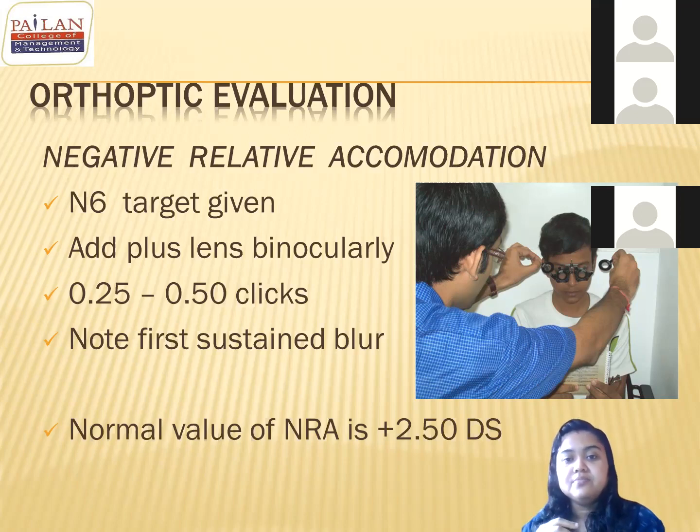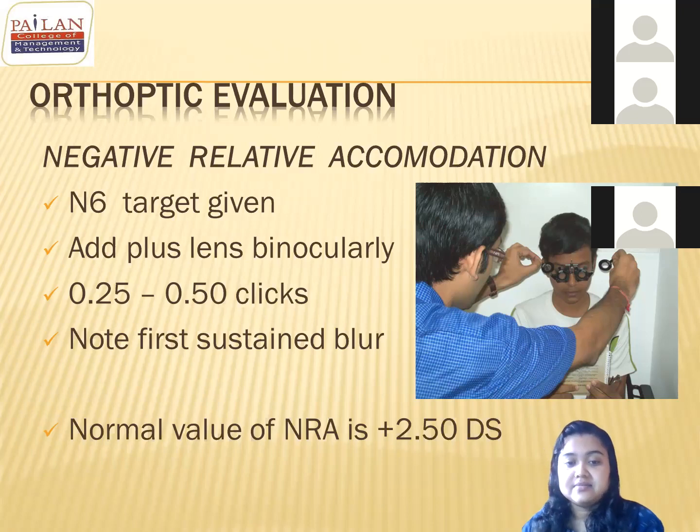Slowly and slowly you increase the plus power, and the patient will report when they see the first sustained blur. So this is also an indirect method of measuring the accommodation. If the NRA value is plus 2.5, that is normal.